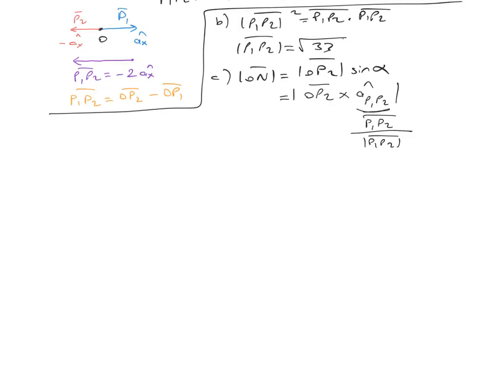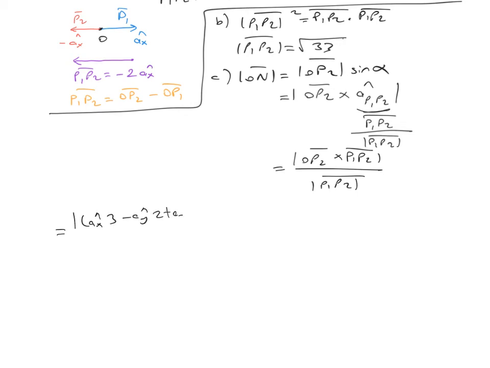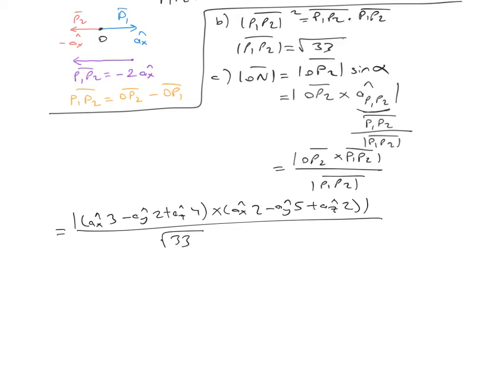So vector ON is equal to... vector OP2 is equal to... and vector P1P2 is equal to... and the magnitude of vector P1P2 is equal to the square root of 33.